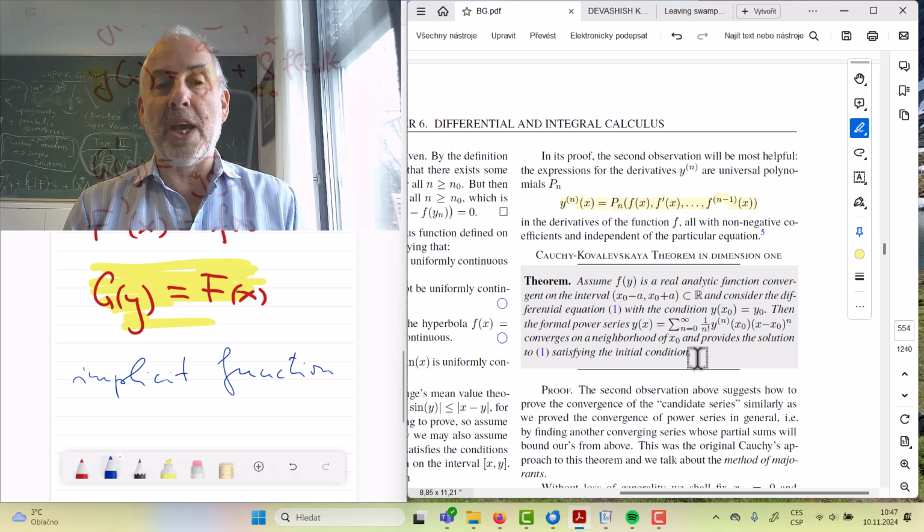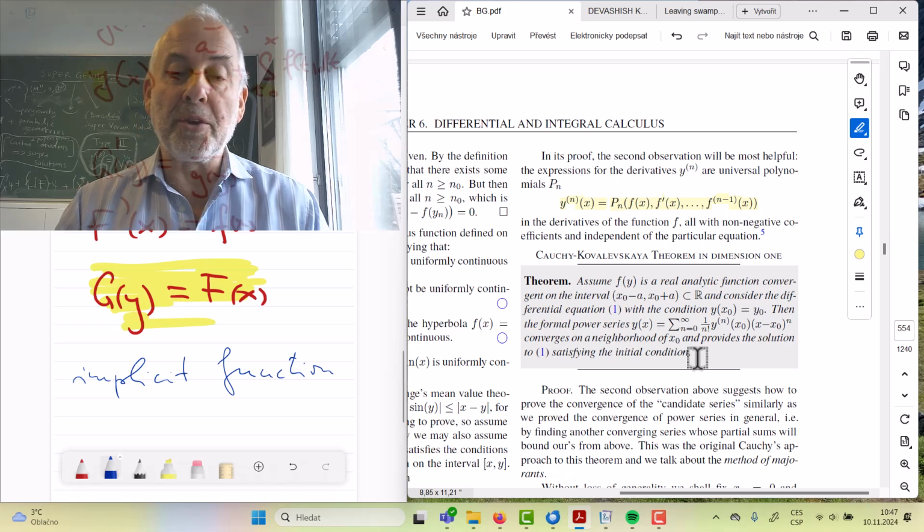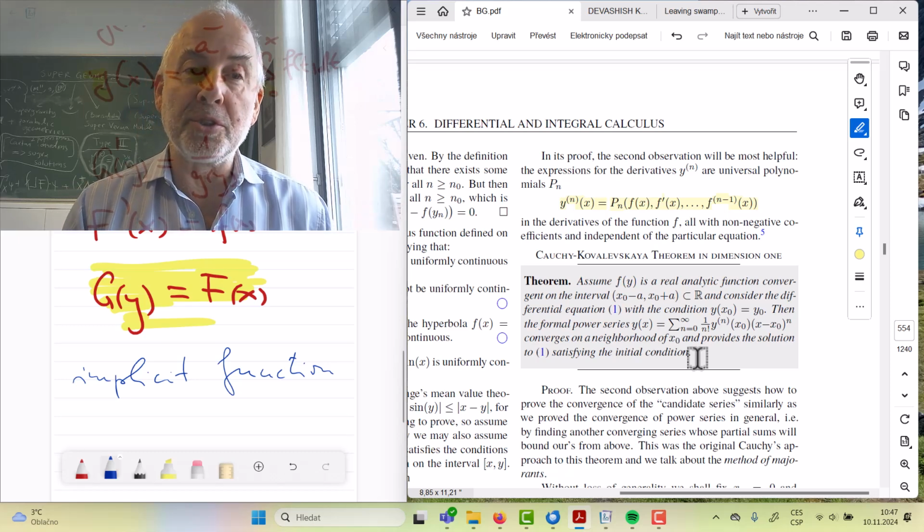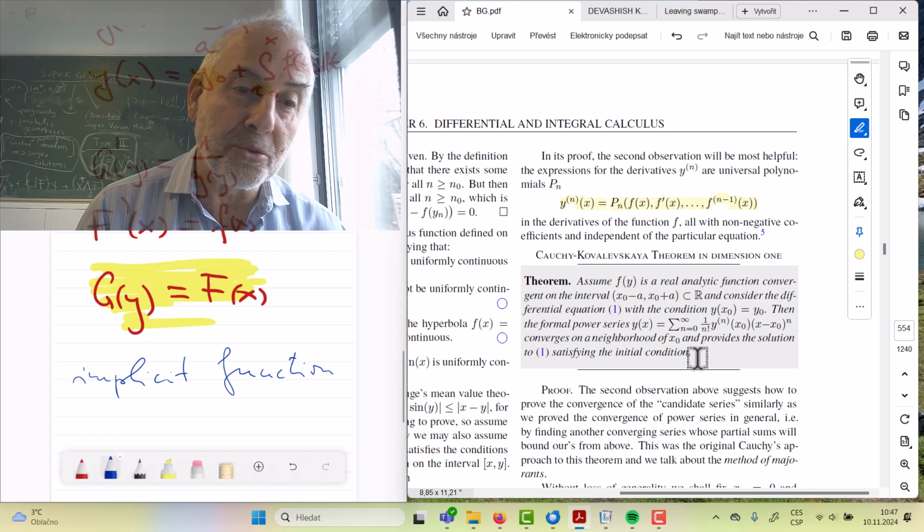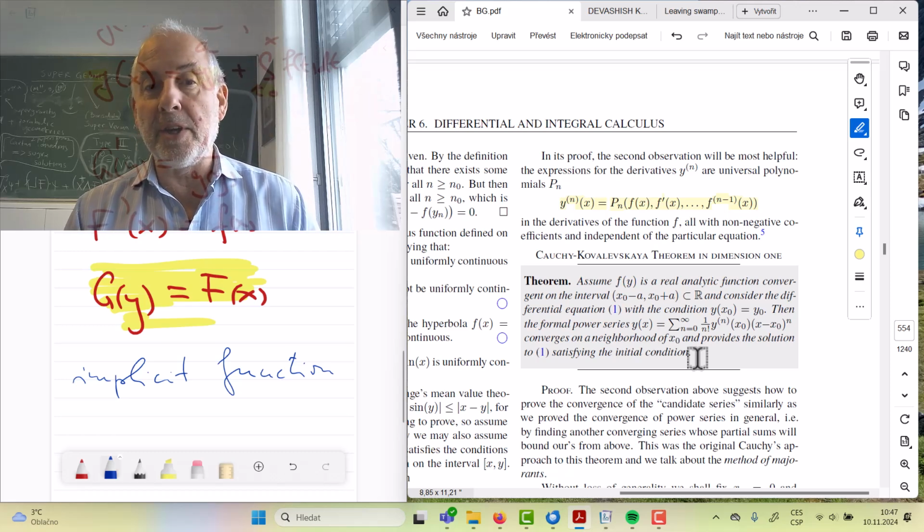And the theorem says that simply the derivatives which you compute give you a power series which really computes the solution.